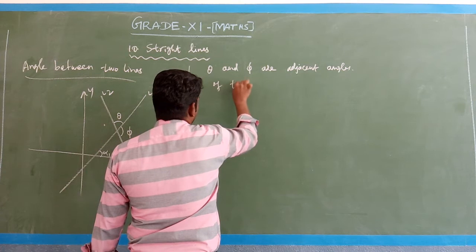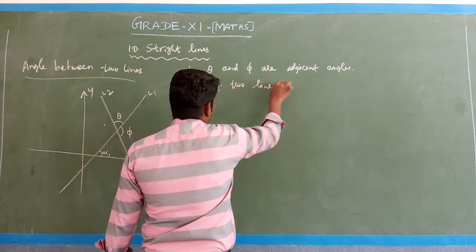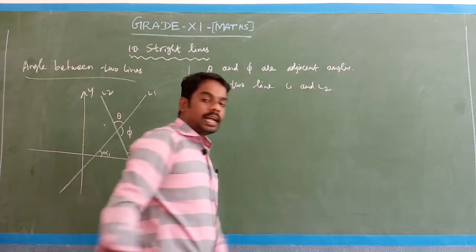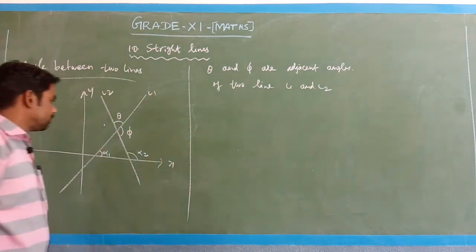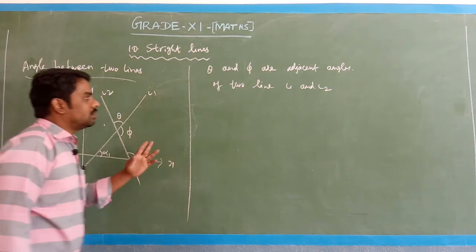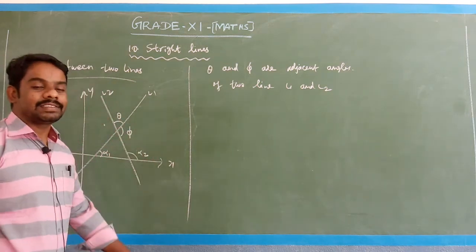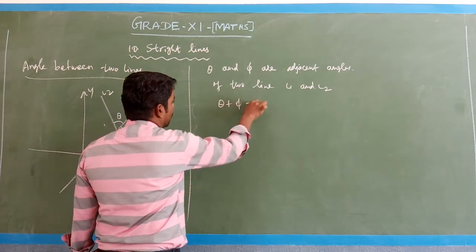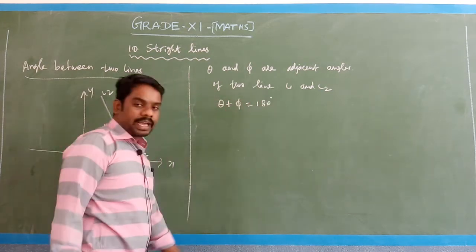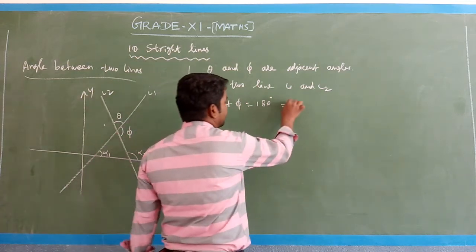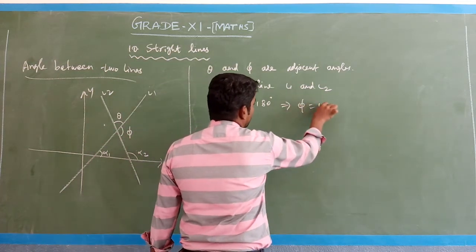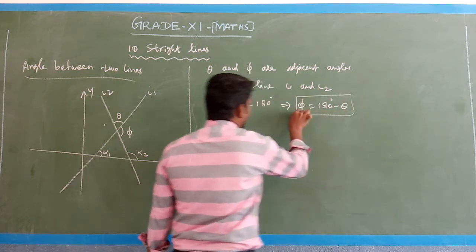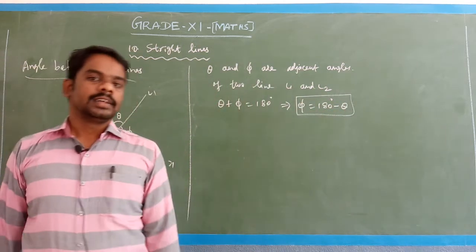You know that the sum of two adjacent angles is 180 degrees. So theta plus pi is equal to 180 degrees, which implies pi is equal to 180 degrees minus theta.